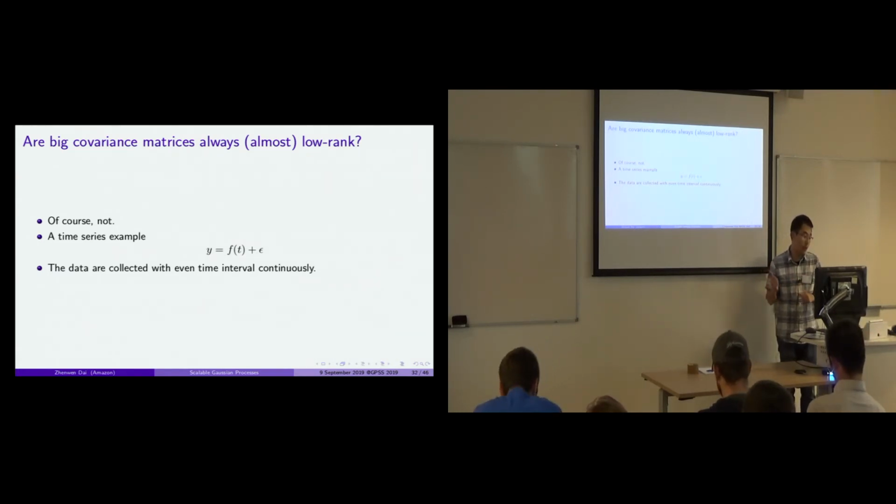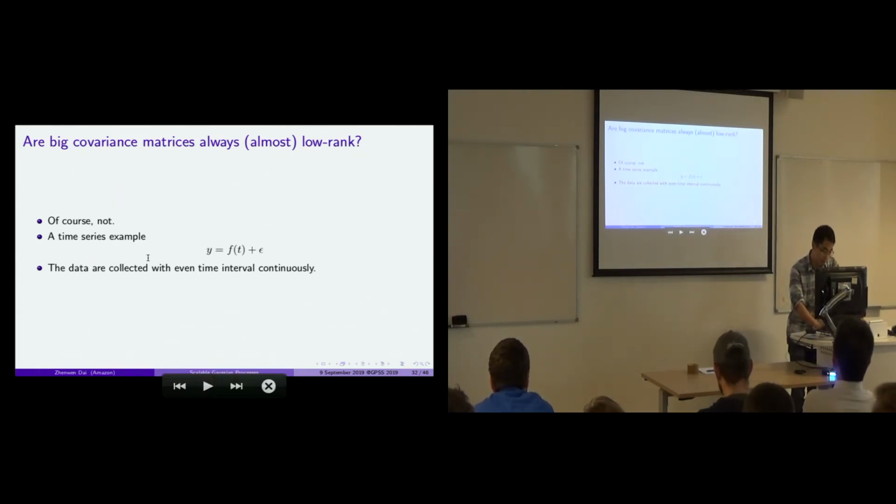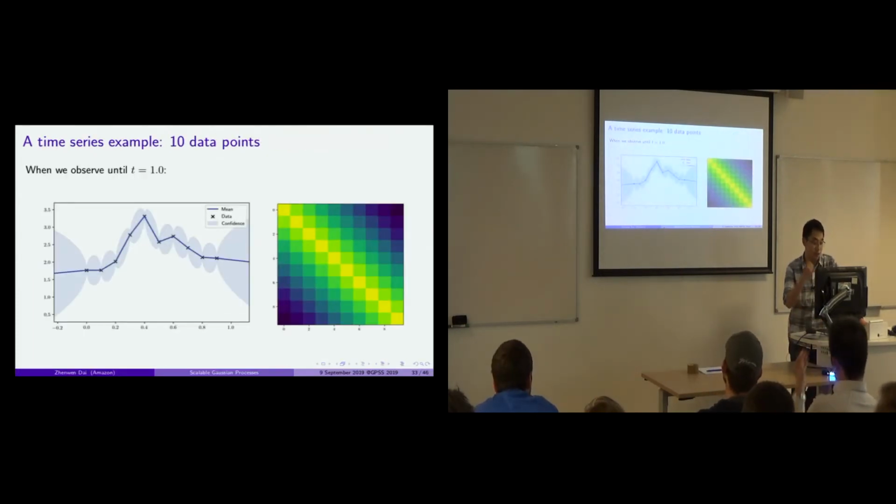But for all problems, the covariance matrix is not necessarily low rank. Here I want to give counterexamples. For many problems, the covariance matrix is totally not low rank. For example, take a time series where t is time and y is some value we observe, and we try to model the relation between the time and the output value. We can continually sample time at a fixed interval.